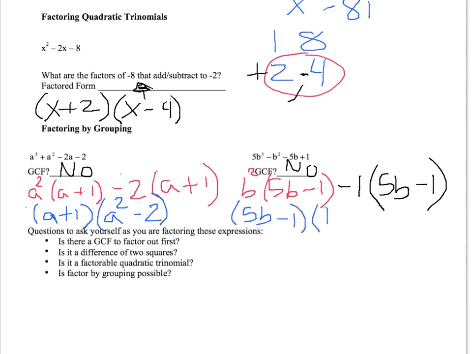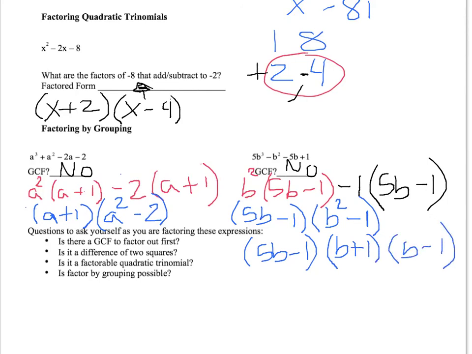And I am left with a b squared in the first term and a minus 1 in the second term. 5b minus 1 does not factor any further. However, b squared minus 1 is a difference of 2 perfect squares. And that will factor to b plus 1 times b minus 1.